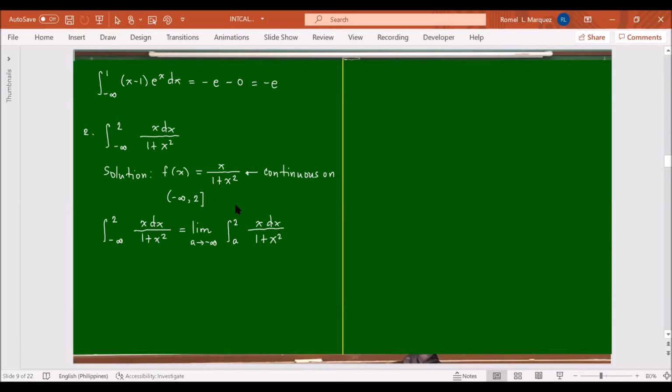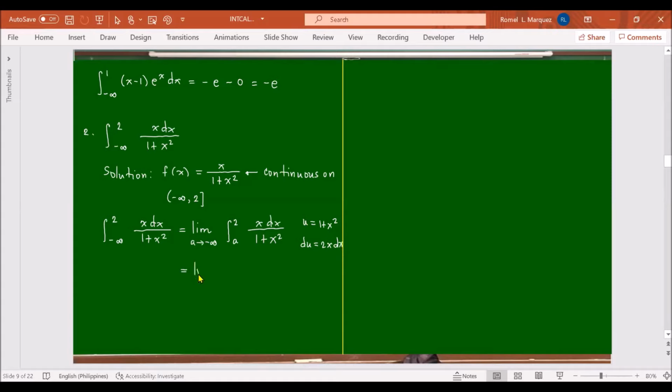So how do we evaluate this integral? This can be evaluated by the integral of du over u. So our u here is 1 plus x squared. What about du? So we have 2x dx.